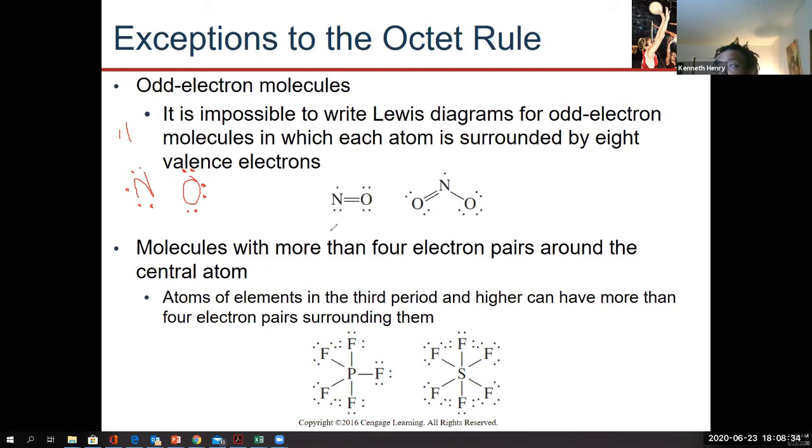So that's the same thing that happens here. 2, 4, 6, 8 around this oxygen, 2, 4, 6, 8 around this oxygen, and count how many are around the nitrogen. 7 as well, right? So both of those got their 8, and then nitrogen gets what's left over. It's screwed by 1, right? So do you guys see that? Yes. Okay.